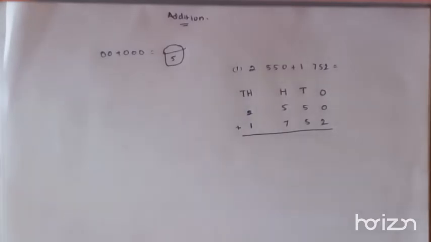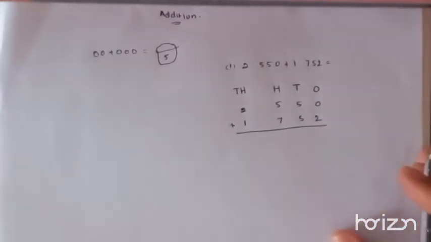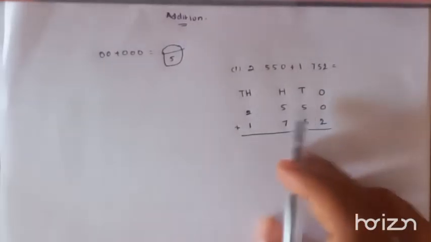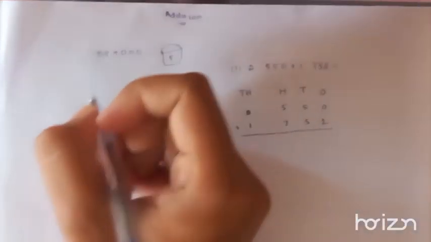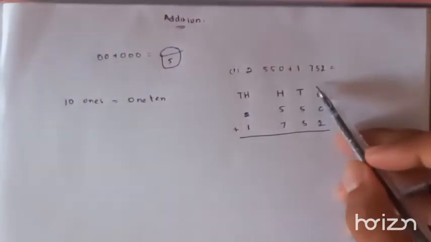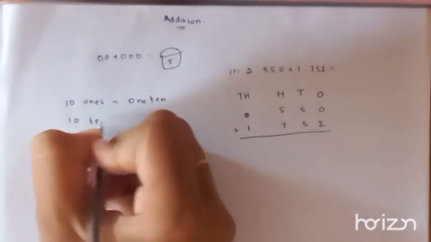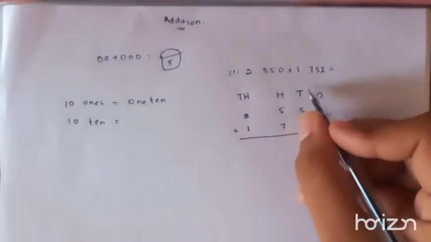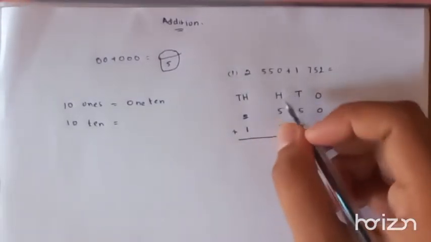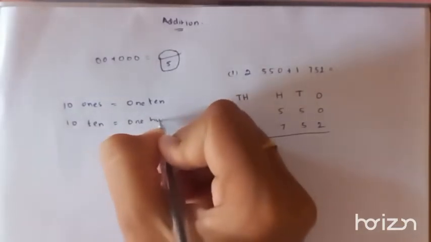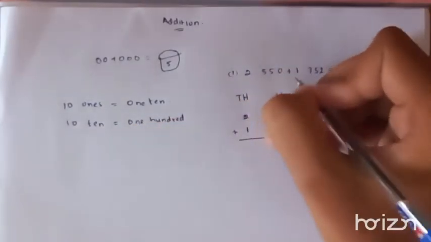When you add numbers like this, the main thing to remember about the place value columns is that 10 ones make up 10. If you have 10 ones, you can make 10. If you have 10 tens, you can make 100.